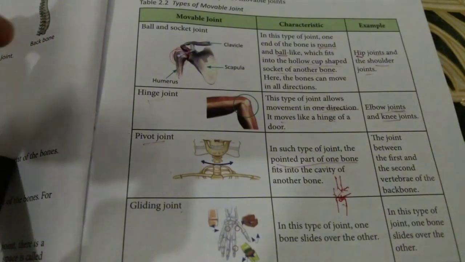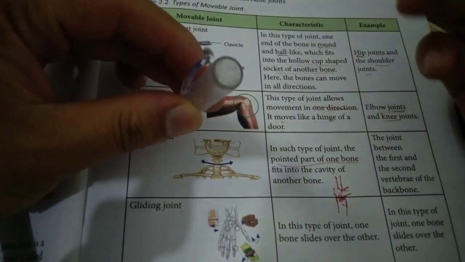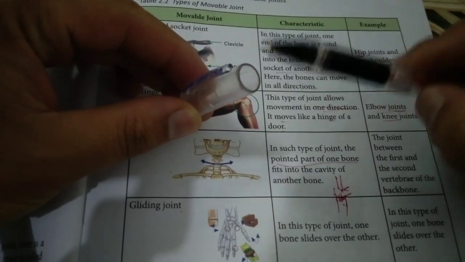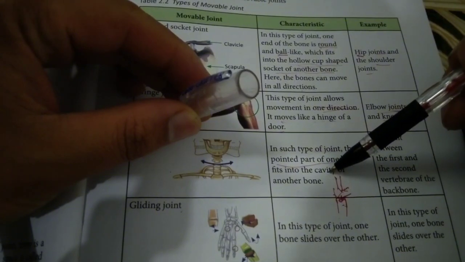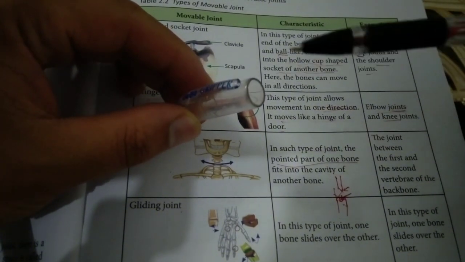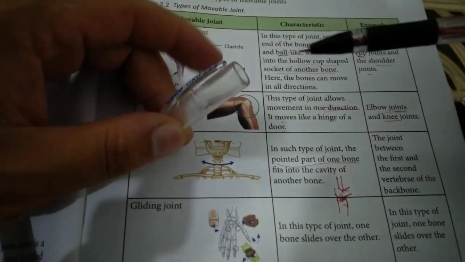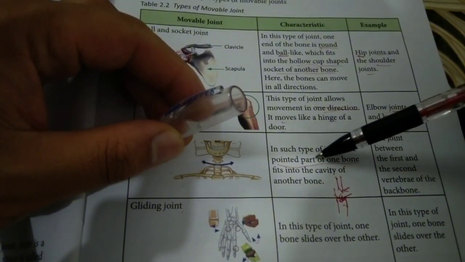For example, take a pen. The top of the pen, the cap, is like the cavity of another bone, and the tip of the pen is like the pointed part of one bone.